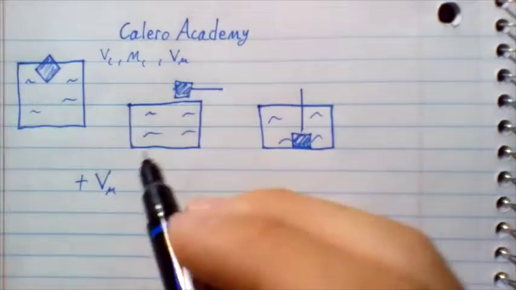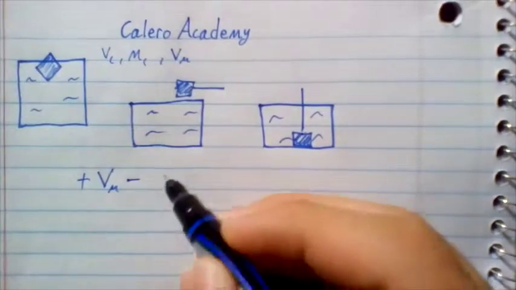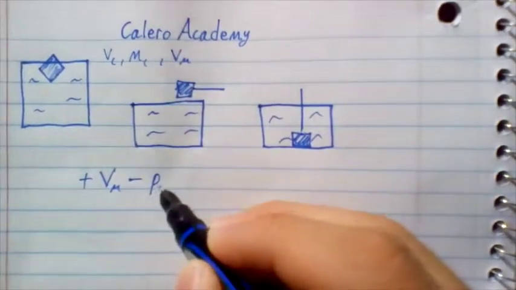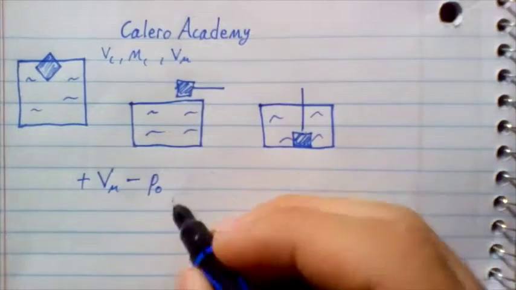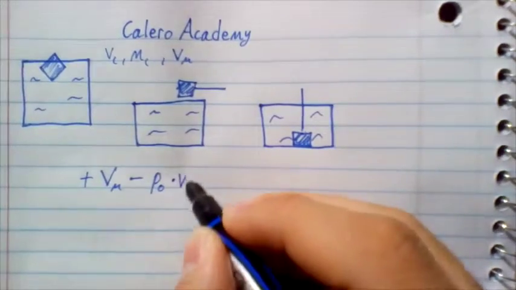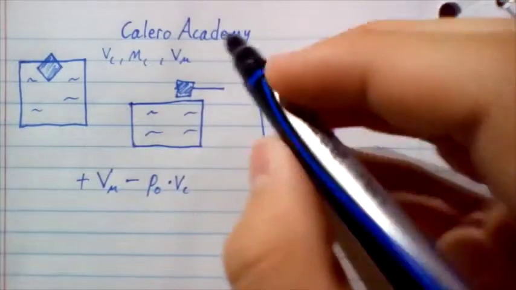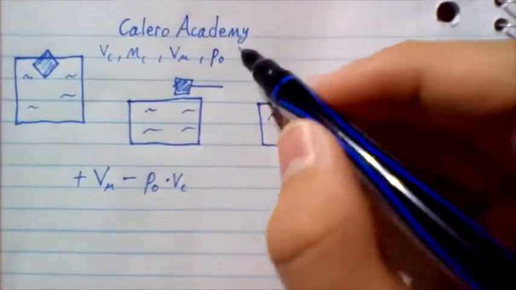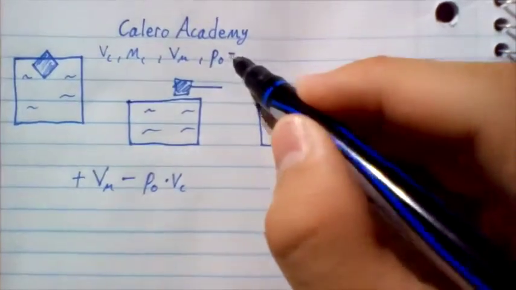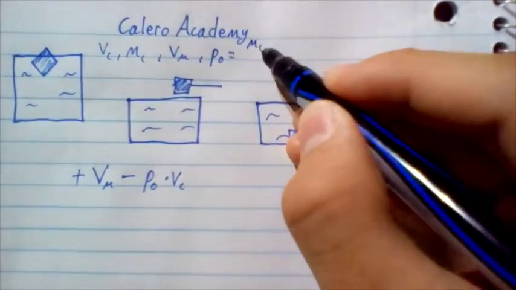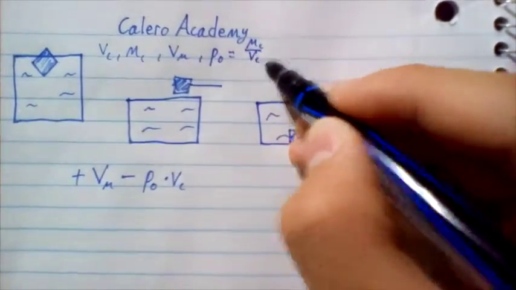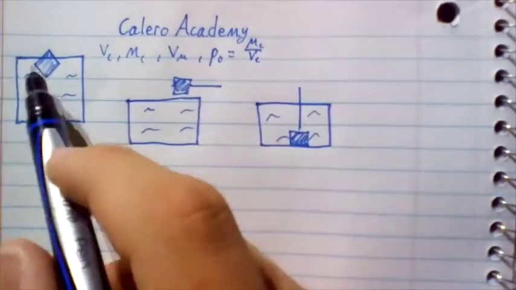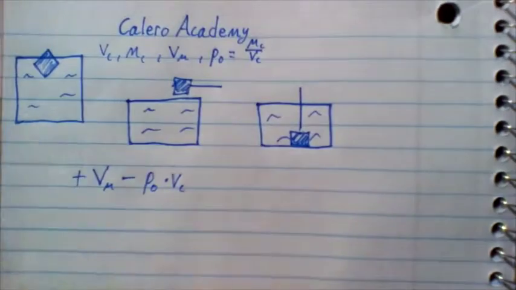Well, we lose rho sub o times V sub c, where rho sub o is equal to the original density, which is equal to M sub c over V sub c. So that's the density of the ice cube before it melts.